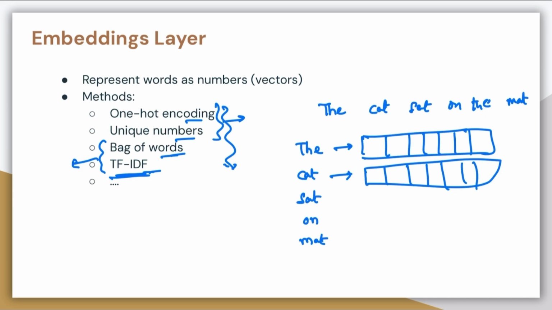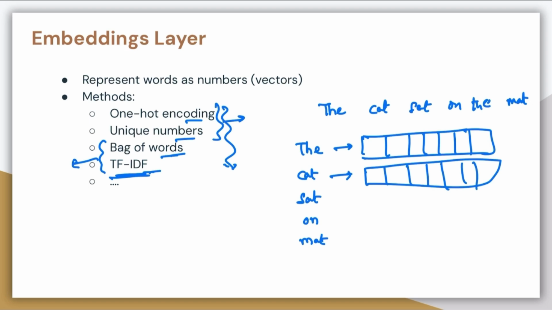The major drawback in all of this is that there is no semantic learning in any of the above methods. Each word is represented as a vector, but the semantic meaning of the words is not captured. It is some unique representation for this word, but it doesn't mean that this vector understands what a cat is, right?